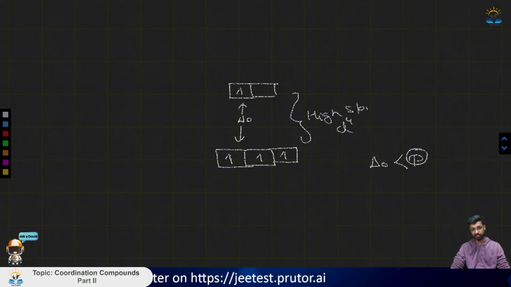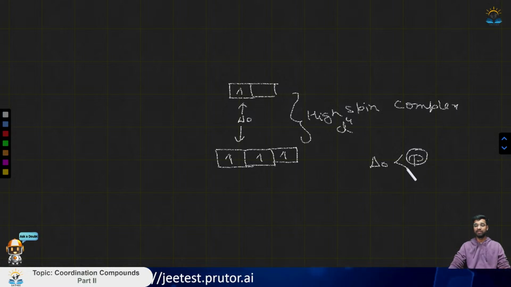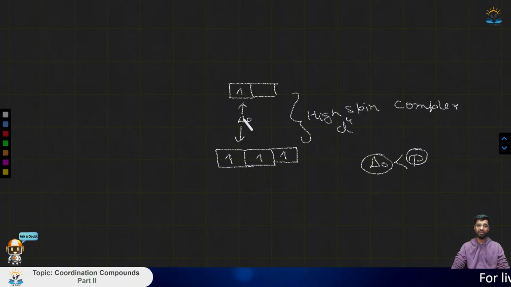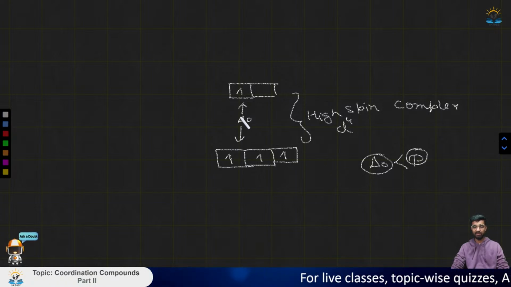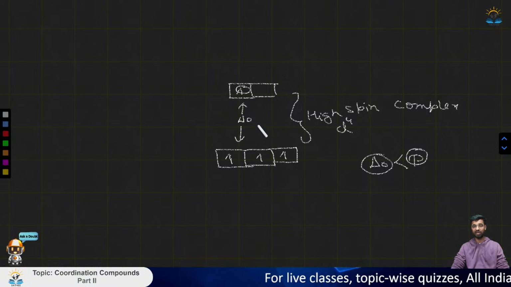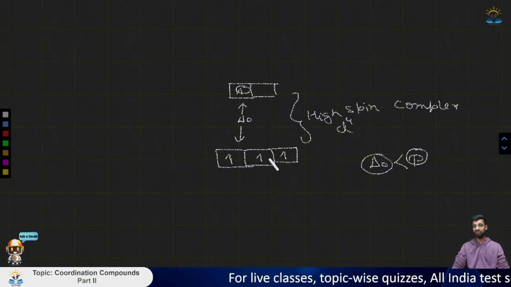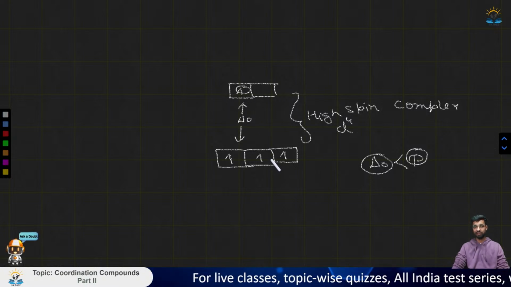And it will form a high spin complex. High spin complex means that pairing the electron requires more energy than moving the electron to the upside, because pairing energy is the energy required to put an electron in an occupied orbital. If it is greater than delta naught, then the electron will not pair here, and it will go to the upper orbital and form a high spin complex.